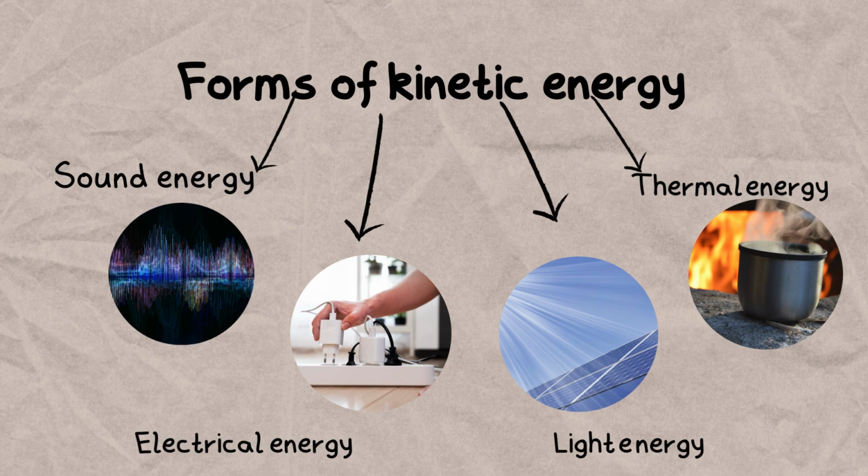We said sound energy, electrical energy, light energy, and thermal energy. All of these energies, we can't see them, but we can see only the light energy. So the light energy is the only form that we can see, okay? As we can see the light, yes?